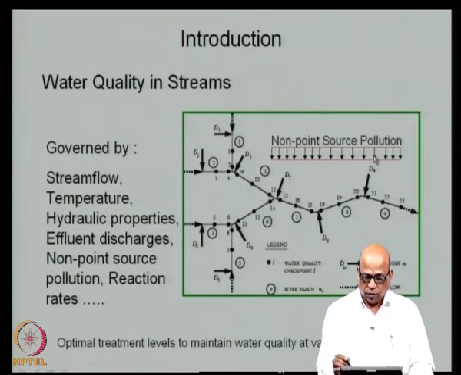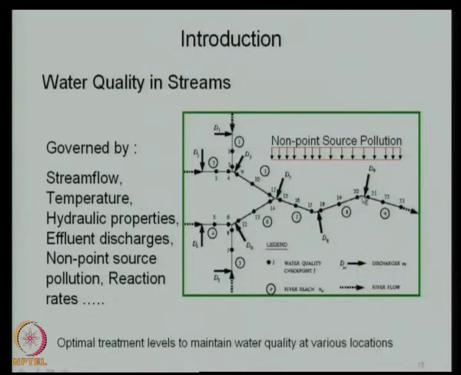So, we account for the non-point source pollution and then arrive at optimal treatment levels as well as the maximum water quality that is desired at various locations. Now, the water quality at various locations will depend on for what purpose you would like to use the water.